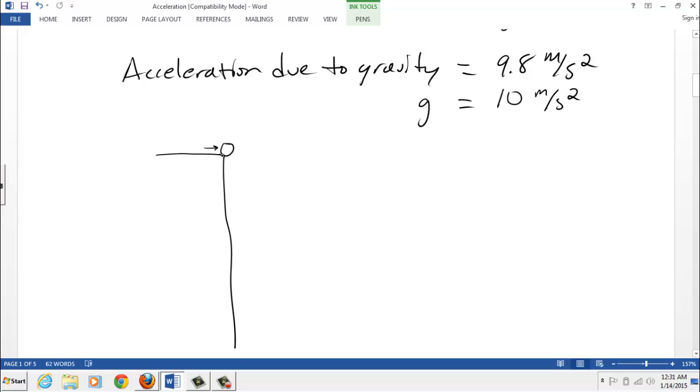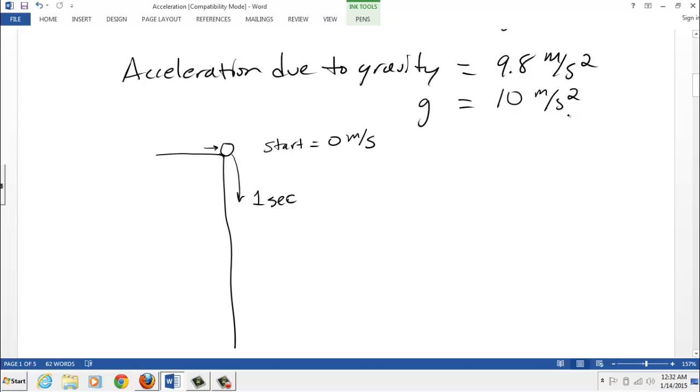Just as it tips over the edge, its speed going down is 0 miles per hour, or let's use the metric system, 0 meters per second. It starts at that, and after 1 second it has sped up. It has increased its speed, its velocity, by 10 meters per second squared.